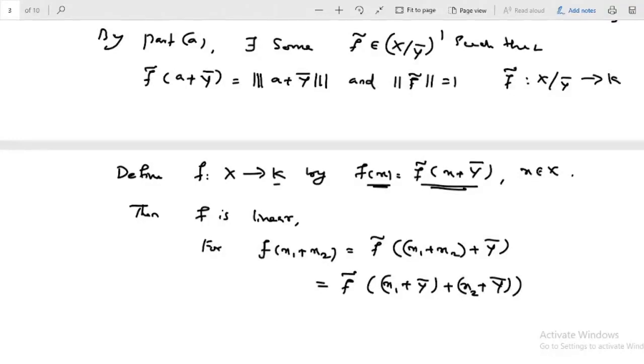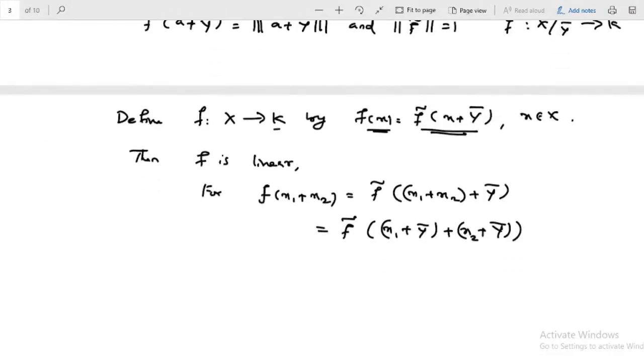And we have f tilde is linear. Okay, therefore it is f tilde of x1 plus y bar plus f tilde of x2 plus y bar, and by definition it is f of x1 plus f of x2, definition of f.